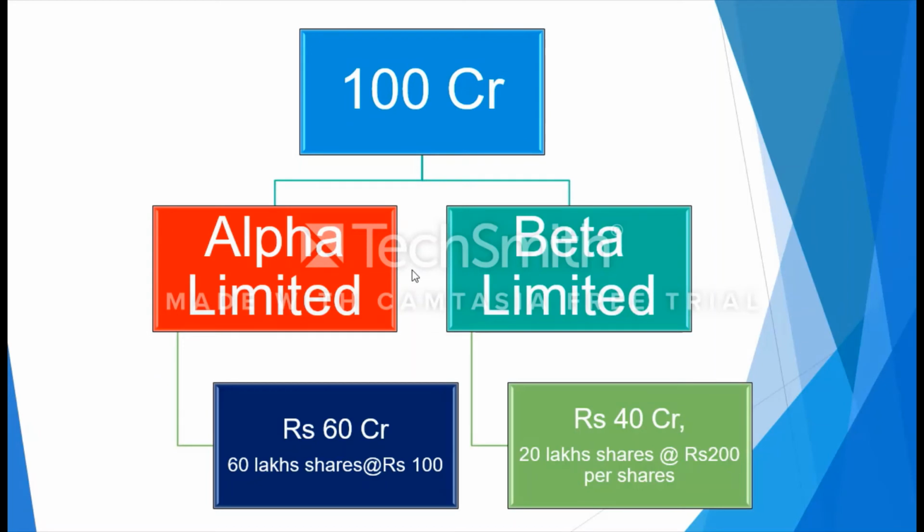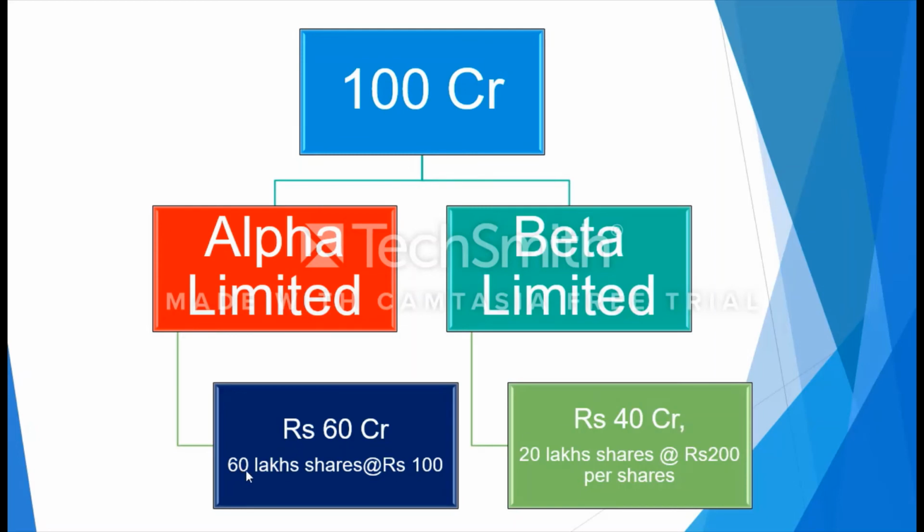But just for simple understanding of how NAV is calculated, we are taking that this 100 crore rupees has been invested in two companies, Alpha Limited and Beta Limited. 60 crore rupees invested in Alpha Limited and 40 crore rupees in Beta Limited. Alpha Limited's share price was 100 rupees when the investment was made, and Beta Limited's share price was rupees 200 when this 40 crore investment was made.